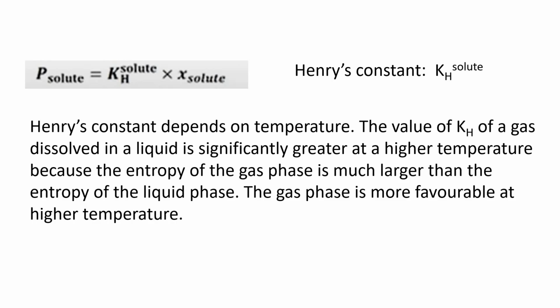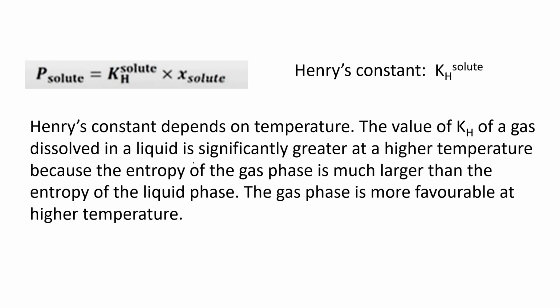Because entropy increases, disorderness increases. Any system tries to go from an ordered state to a disordered state. So at higher temperature, the entropy of the gas phase is much higher, so mostly it will go to the vapor phase. That means solute molecules will go to the vapor phase.